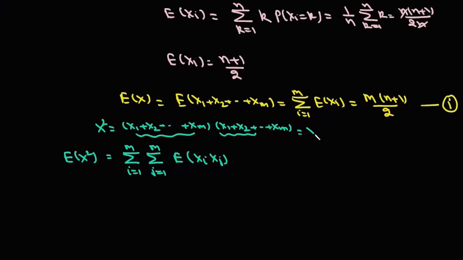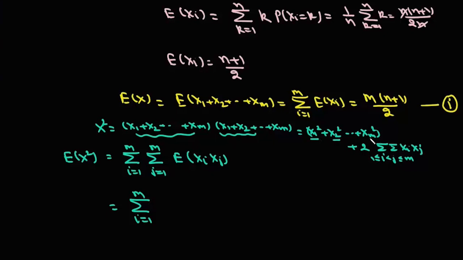We'll get this as X1 square plus X2 square plus Xm square, and then 2 times all these products Xi into Xj, where i is less than j, and j is less than or equal to m. So we can write this as summation i varies from 1 to m, and then we'll have X1 square, X2 square, and Xm square.